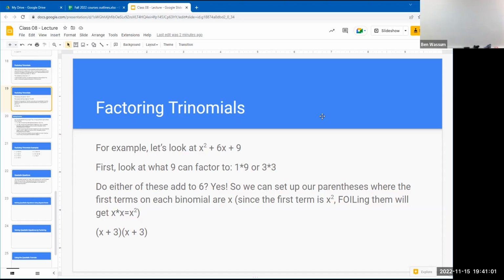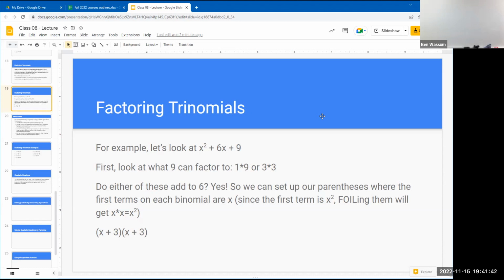So when you set up your separate binomials, the first terms on each of the binomials are just an x or whatever variable it is you're working with, because those first terms multiplied together will end up being that first term in general. So that x times x is going to end up being x squared, right? If I FOILed it back out, that's what I get. So you would look at this and say, all right, well, the two factors that add to that middle term, those are going to be the pieces that you have on the other parts of your binomial.